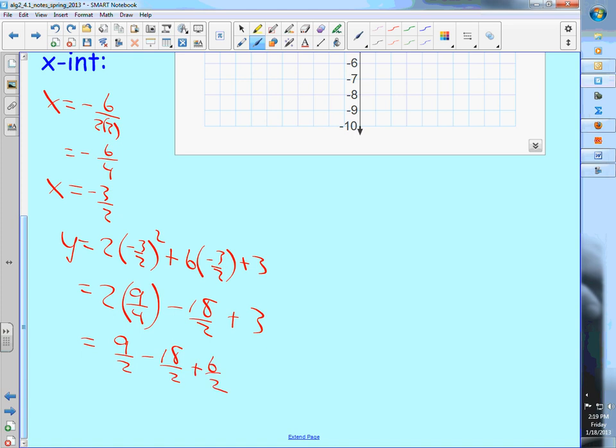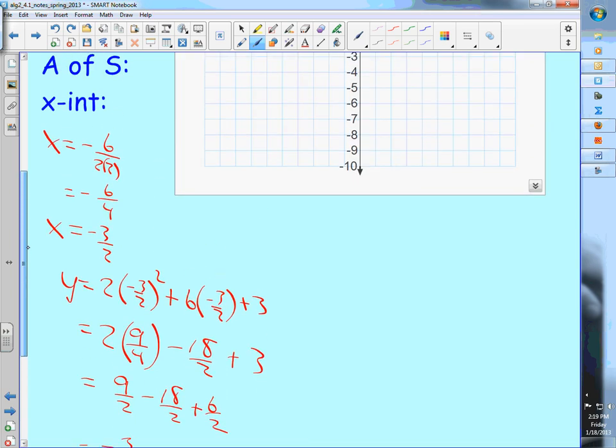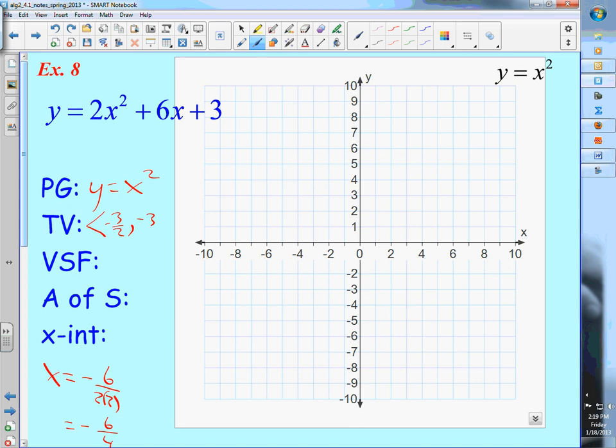I'm just putting the 3 to a 6 over 2 for a common denominator. So a -9 and a +6 is a -3 over 2. How coincidental. Same as the x. And that's all it is, a coincidence.